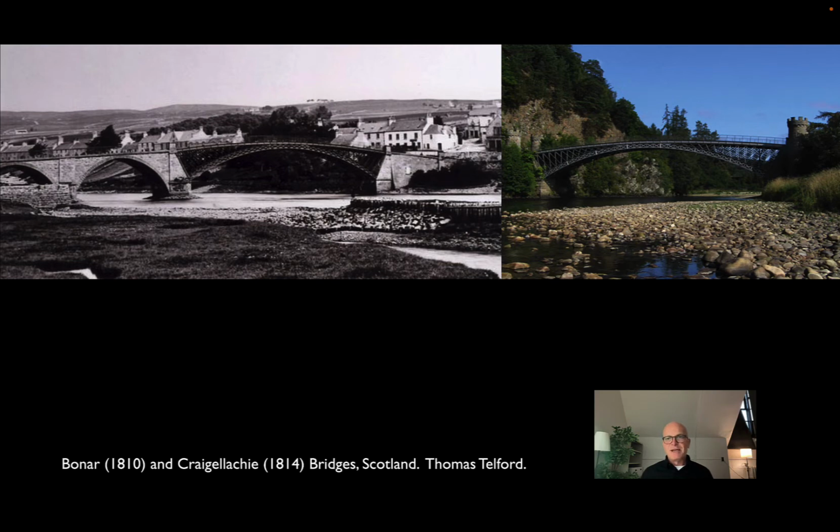You can see that it's made up of cast iron elements that are bolted together, again, relatively loosely with shims. So these bridges required constant maintenance. But cast iron being very good in compression, they did it with very little material.